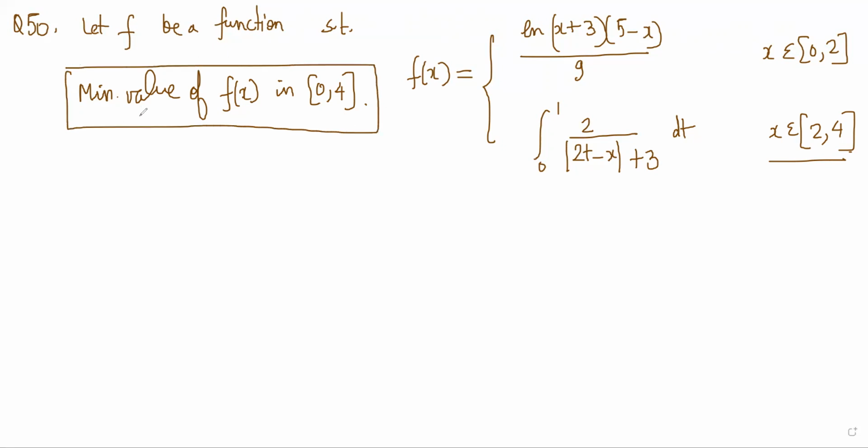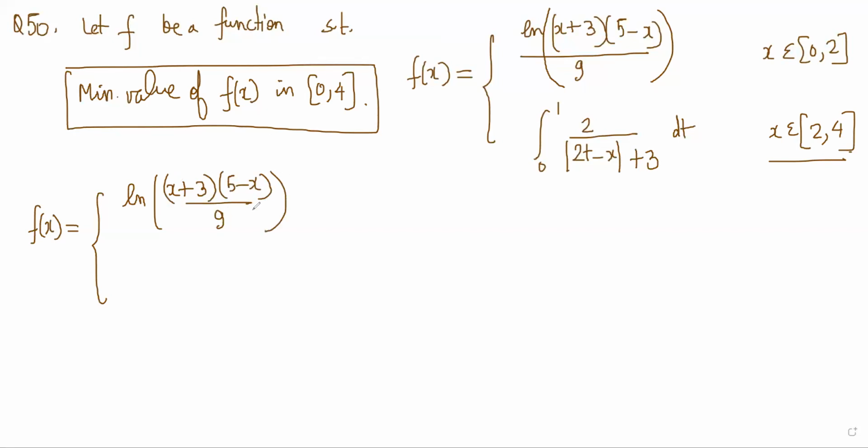So in order to do that, I have to define my f of x properly, right? 0 to 4 I'm trying to find. So this fx is becoming ln x plus 3. Yeah, I've made a mistake in framing it. It's like this, x plus 3 by 9 from x belongs to 0 to 2 and 0 to 1.